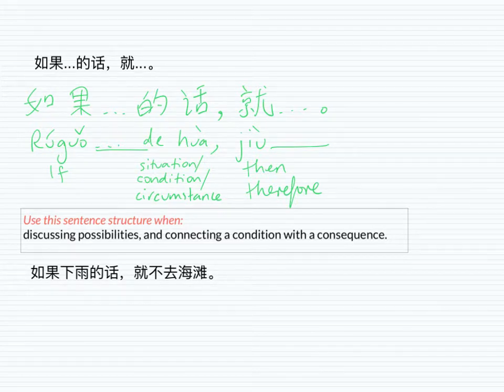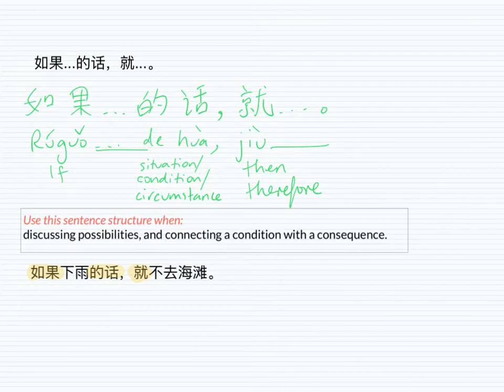Okay, the first example sentence we're going to look at. Just give you a minute to look at that there, see what you can recognize. Okay, so we have got 如果下雨的话就不去海滩.